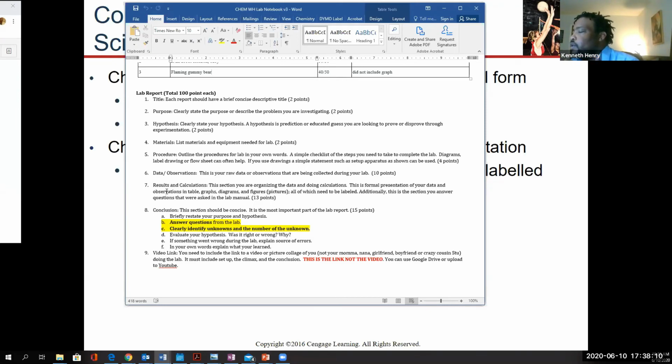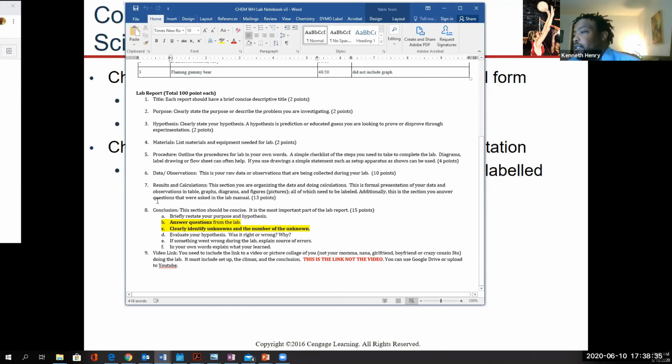Now, if you don't label your graphs, how do I know what it is? Assume that I'm dumb and I didn't tell you to do the lab. So make sure your graphs are clearly labeled. I should know both axes and what the data is trying to tell me, right? And you want to be unbiased. You want to just give me the facts.